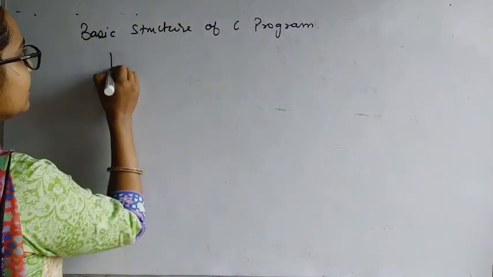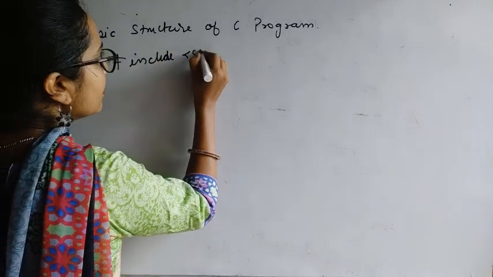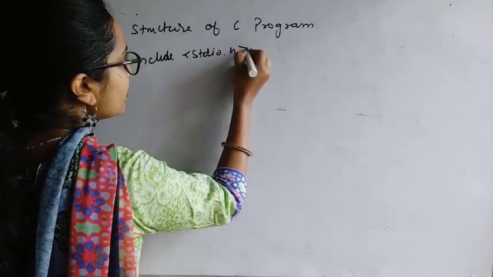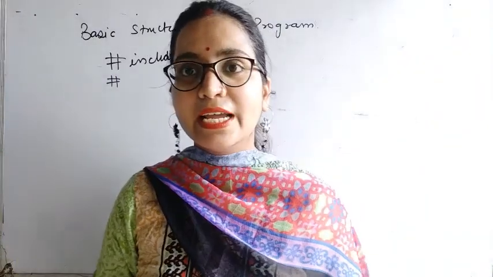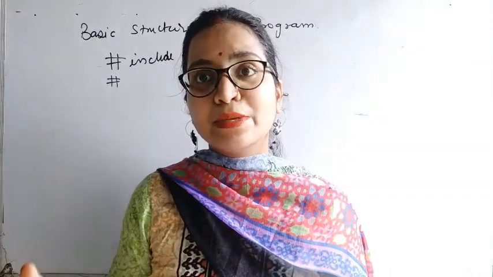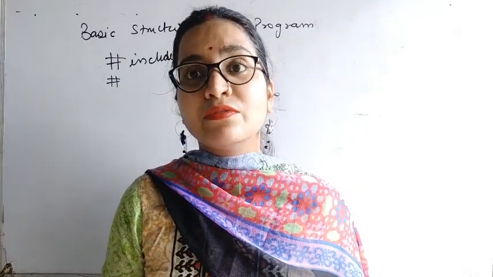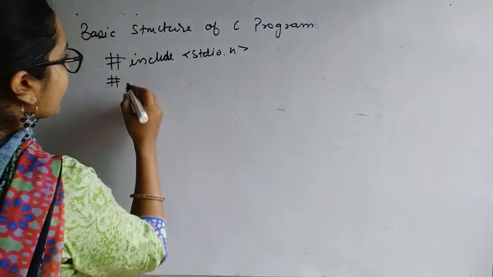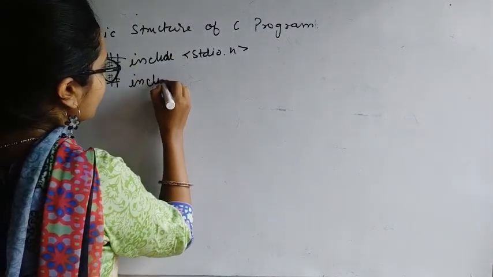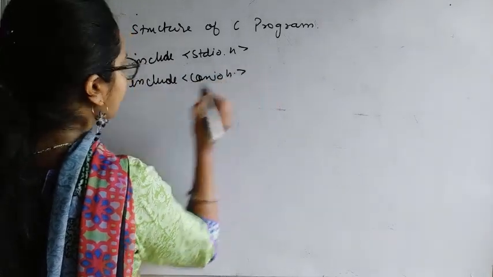So, hash include. First of all, I will write a basic C program, and by explaining that program, I will explain the structure and what each component contains. Conio.h.